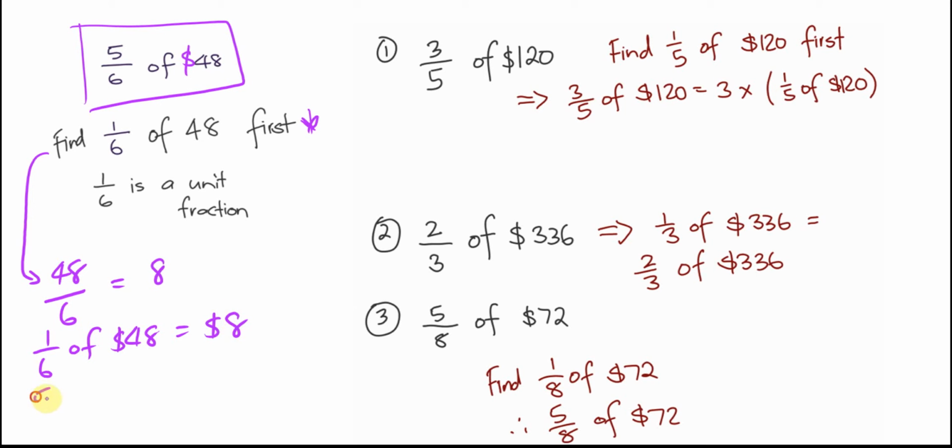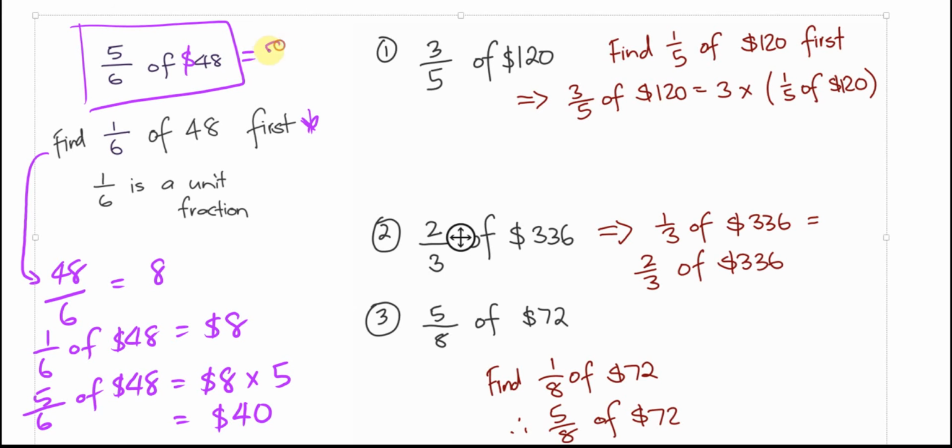Therefore, what is 5/6 of $48? 5/6 is the same as $8 times 5, because we've found out what 1/6 is. Therefore 5/6 will be 5 times that amount, which is $40. So 5/6 of $48 is $40.